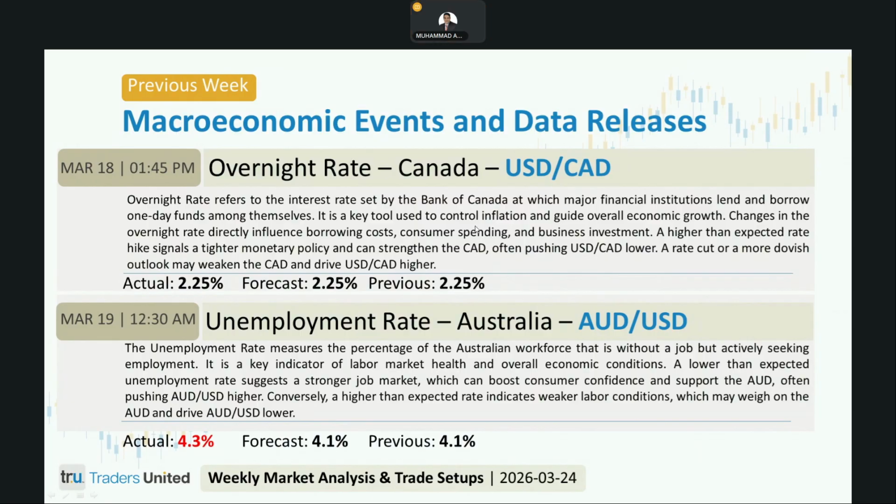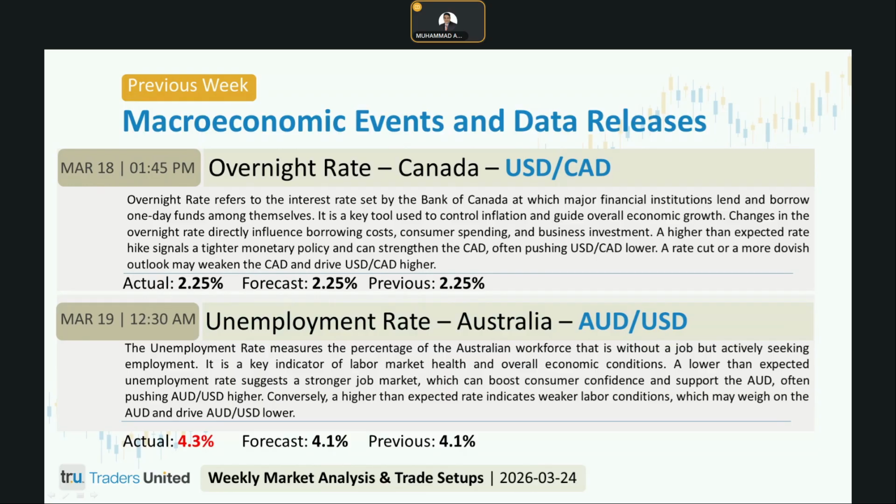Now, let's take a look at the financial news event details. On March 18th at 1:45 p.m. UTC time, we got the financial news announcement. The previous number was 2.25%, forecast was 2.25%, and the actual number we got is also 2.25%.